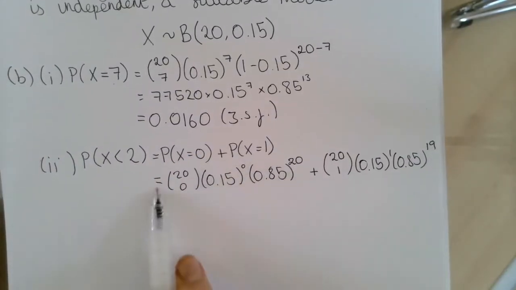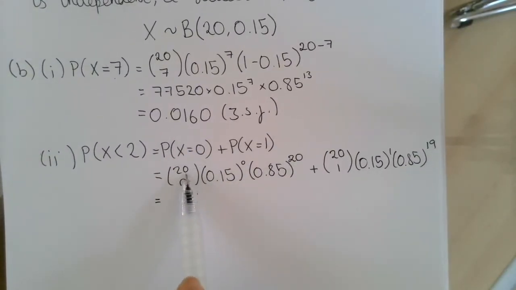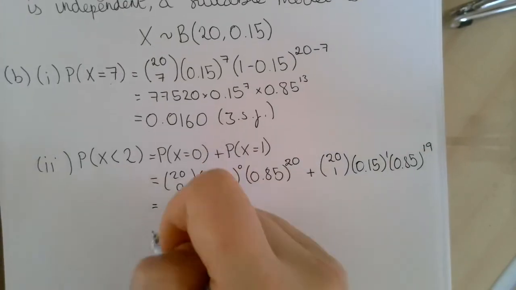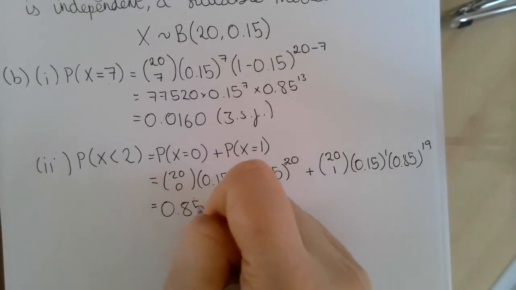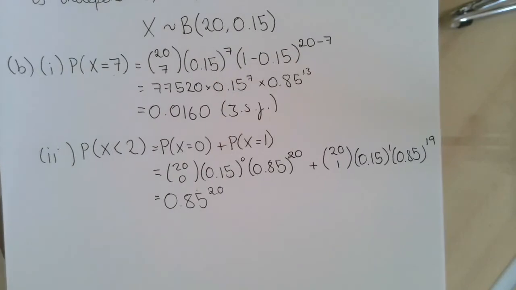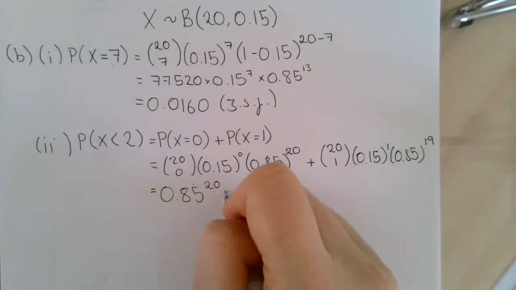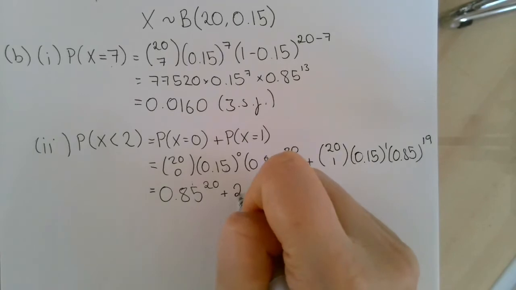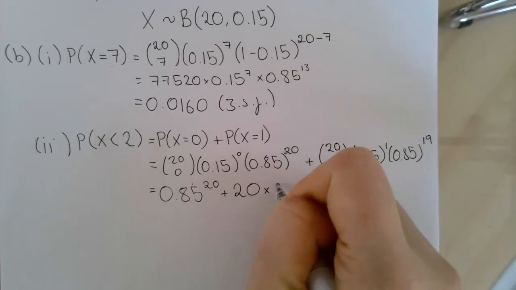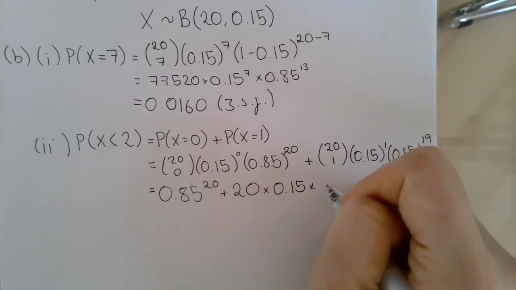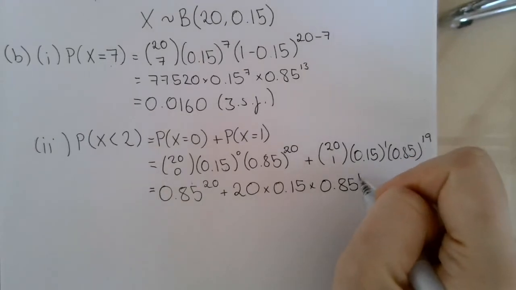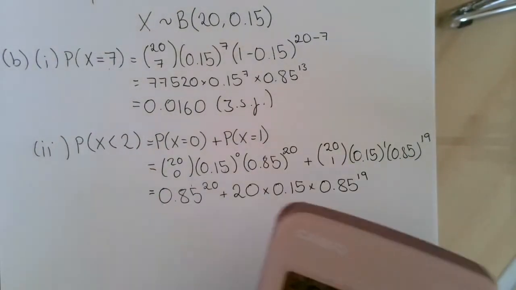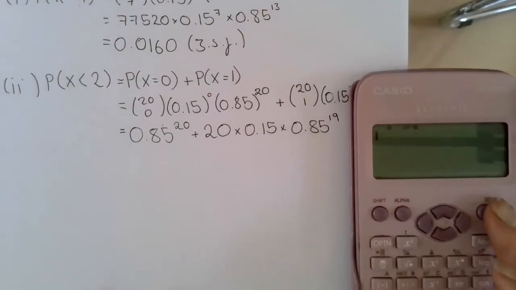Now, similar to our previous example, 20 choose 0 is going to equal 1, and 0.15 to the power of 0 is going to equal 1, so we've just got 0.85 to the power of 20 for the first probability, and then we're going to add 20 choose 1, which is 20, so 20 multiplied by 0.15 multiplied by 0.85 to the power of 19. I'm going to type this into my calculator.